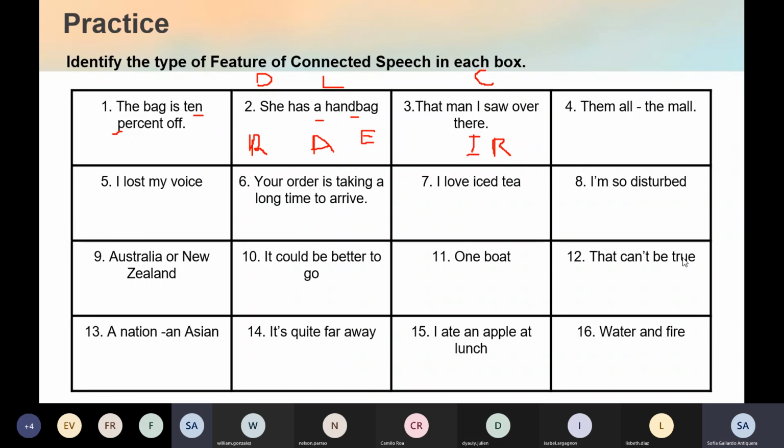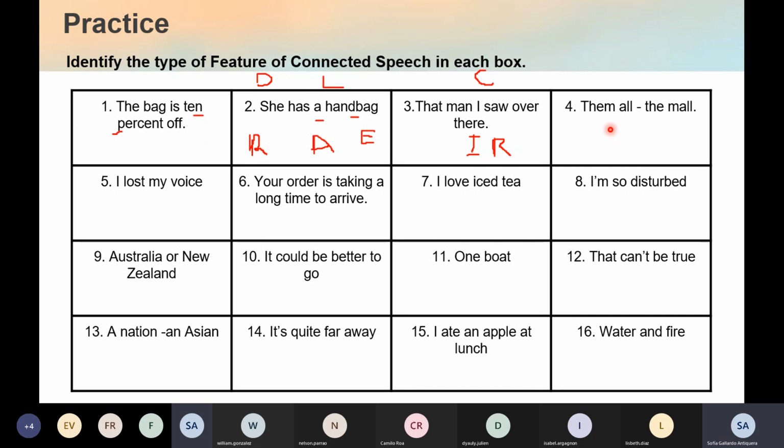Okay. The next one. "The mall." What do you think is this? I know you're not seeing, but we're in 4. I cannot show you. Let me change again. Yes, here. So "the mall." What do you think is happening here? Which feature? So "them all" will change to "the mall."